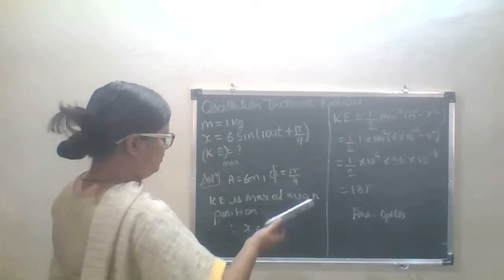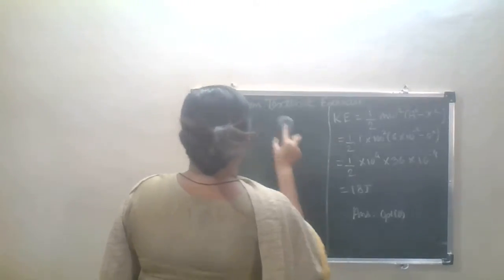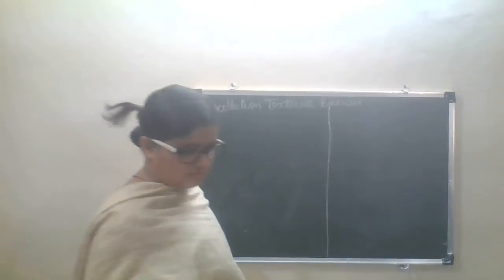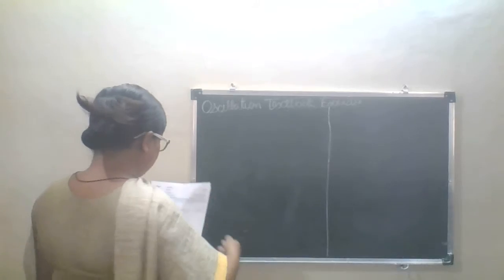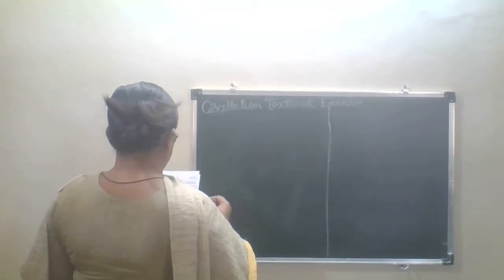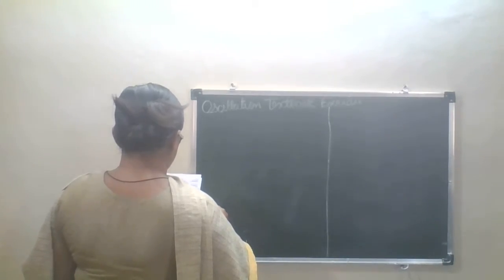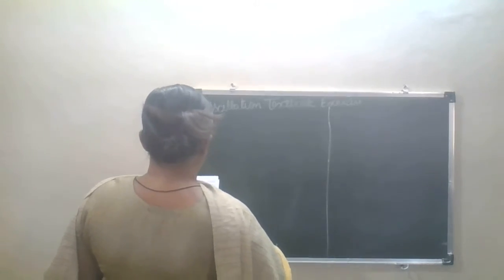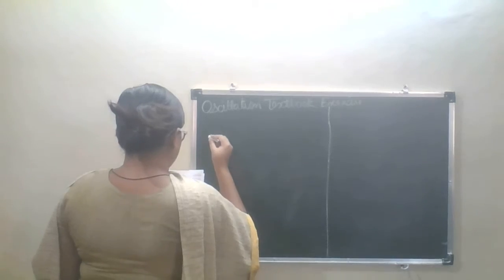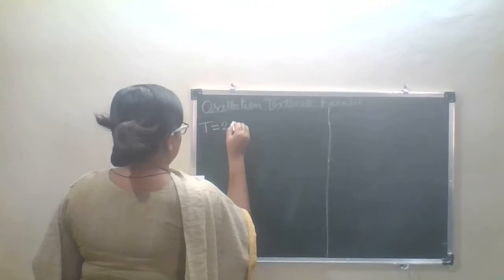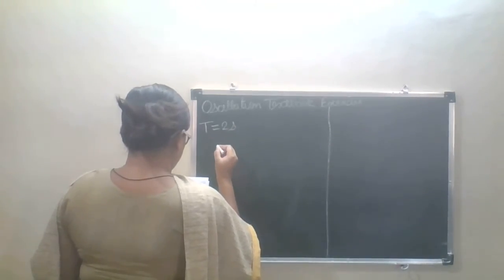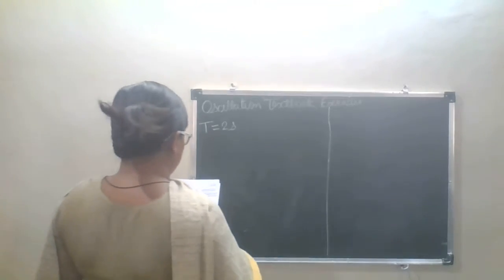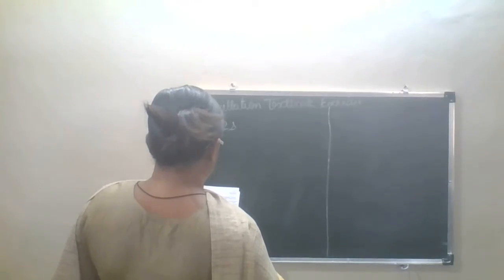Now the third MCQ we will solve. For the time period of a second pendulum, the time period of a second pendulum is 2 s, and we have to find the value of the length on the moon, and the length is given as 1 meter for the pendulum.